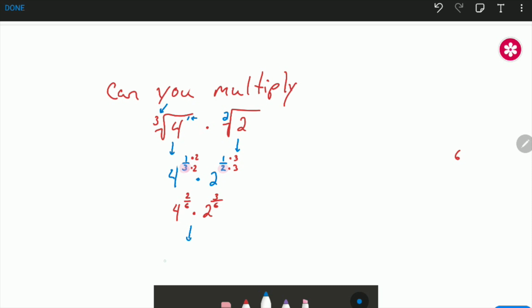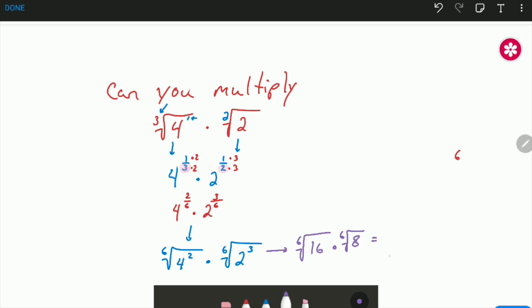So if I turn it back into the radical form, this is now the 6th root of 4 squared times the 6th root of 2 to the 3rd. If I simplify the exponents, the 6th root of 4 squared is 16 times the 6th root of 2 to the 3rd, which is 8.